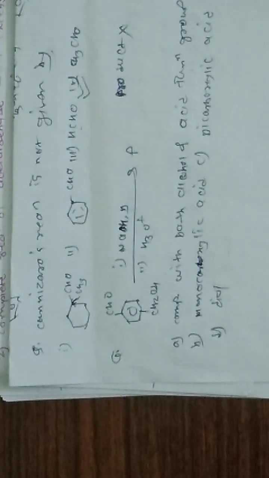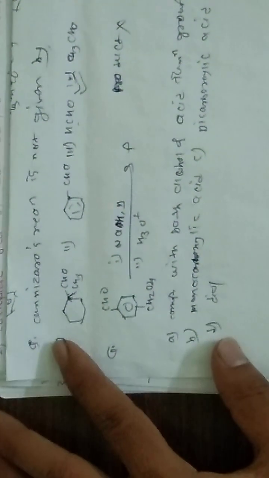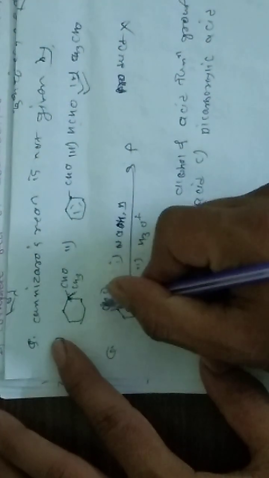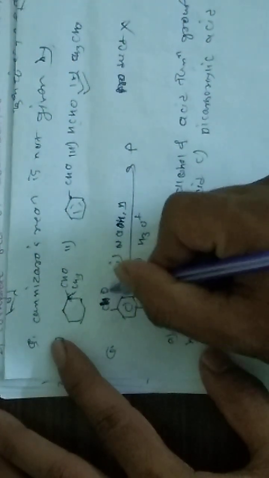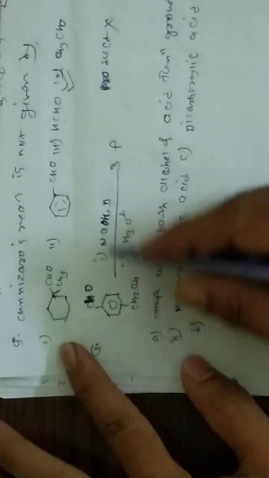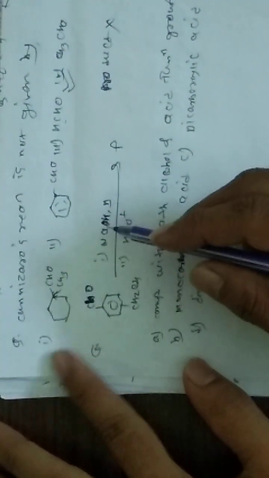Let's first write the product of the above reaction. Here I will tell you the direct method to write it. There is no need for any mechanism, we want only the product. I told you earlier that if NaOH is mentioned in the reaction, then go through the reactant.